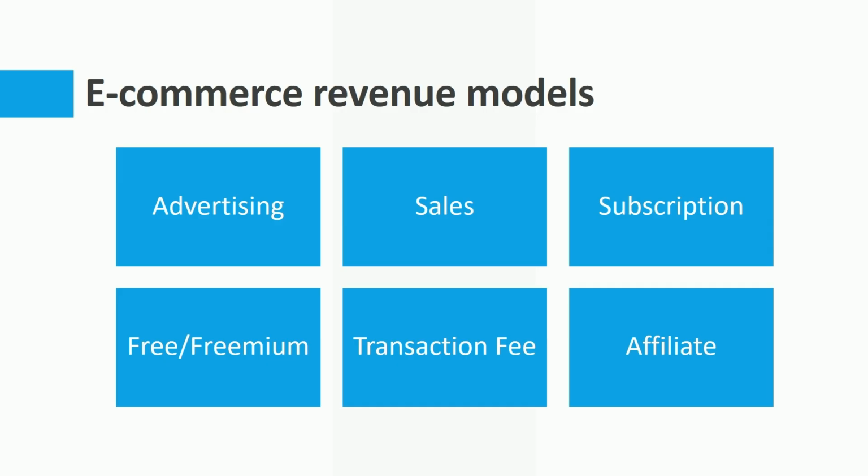Next, we have transaction fee models, which earn revenue by facilitating transactions, like eBay's online auctions. And lastly, affiliate models, which earn referral fees for directing visitors to other websites, with examples including MyPoints and affiliate bloggers promoting products for a commission.